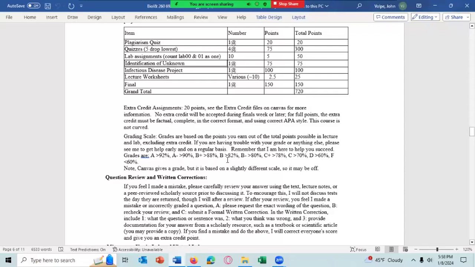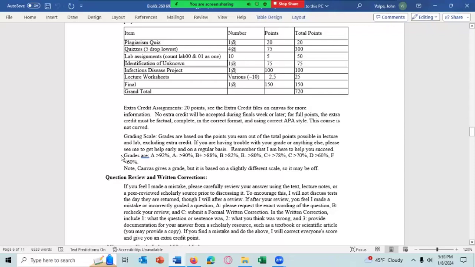Greater than 82%, a B. Greater than 80%, a B minus. Greater than 78%, a C plus. A C is greater than 70%. There is no C minus in this class. And then there's just a D, greater than 60%. Less than 60% would be an F.